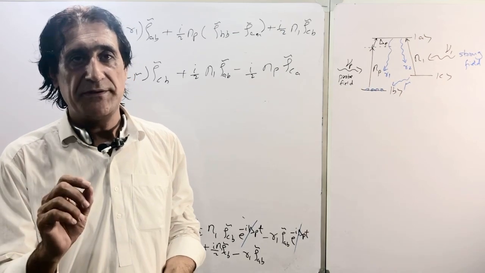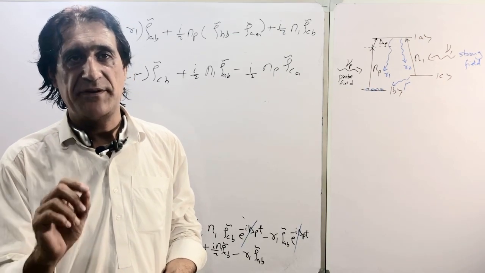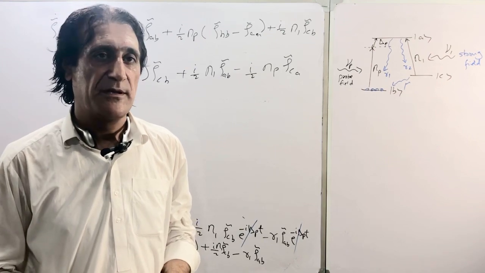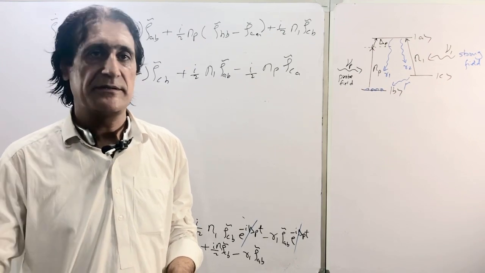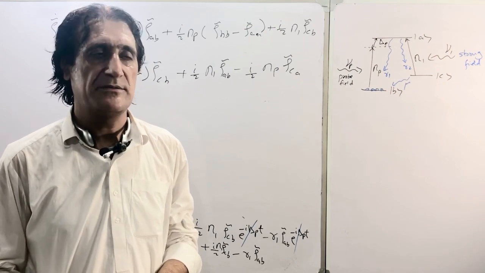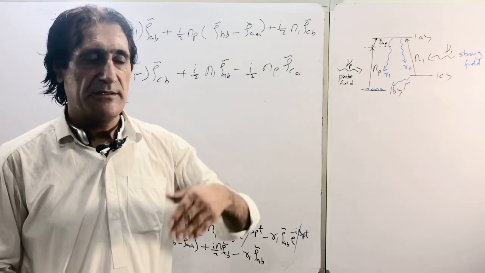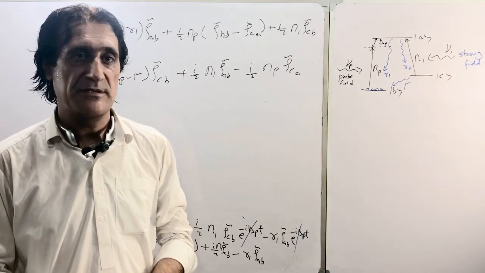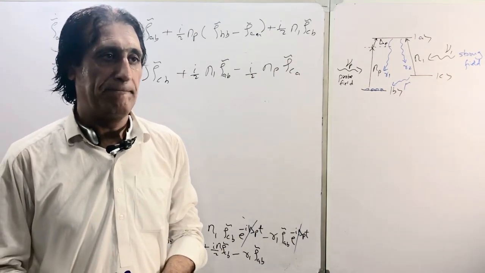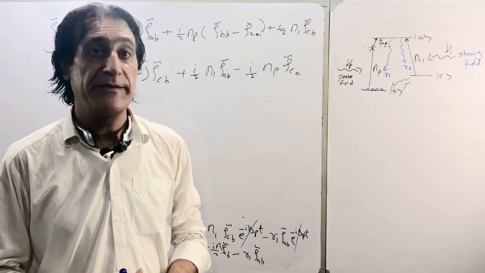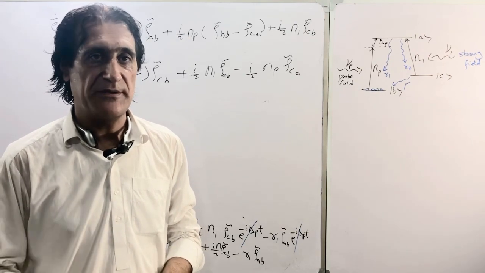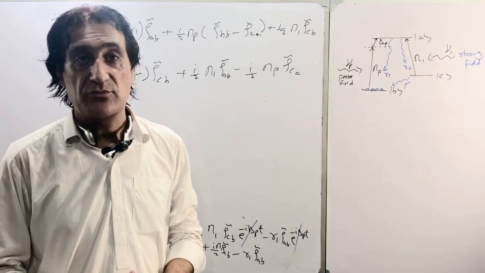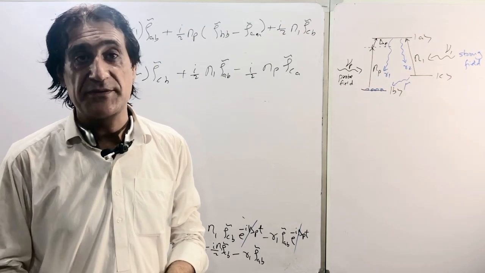The probe field must be in first order, but the control field or pump field may be in second order and higher order, because the omega 1 we have considered is a strong field, so we can consider this in second order or higher order. The probe field is a weak field, so we have to consider this in the first order.